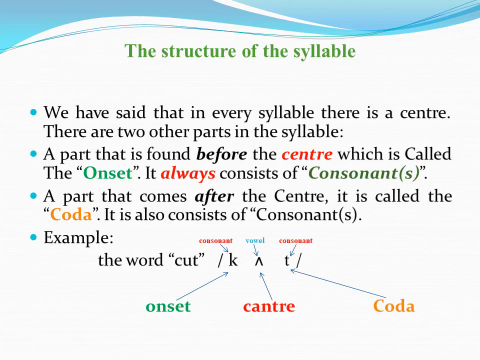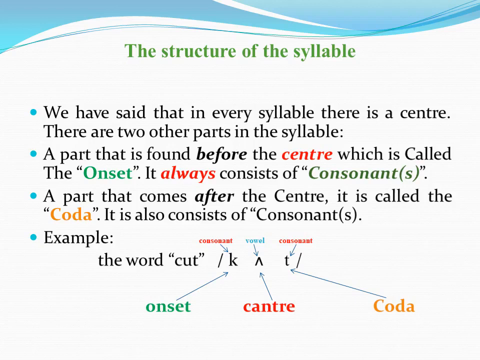This is because sometimes we find a consonant in the center of the syllable. It is usually a vowel, but sometimes, in very few cases, we find a consonant occupying the center of the syllable.